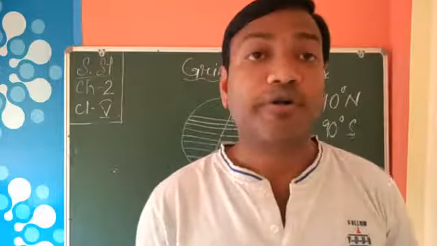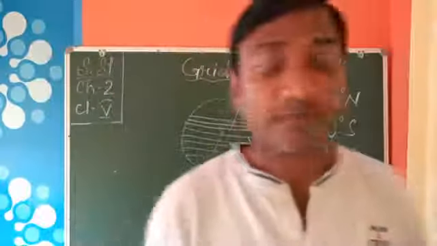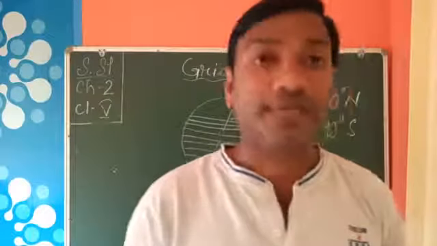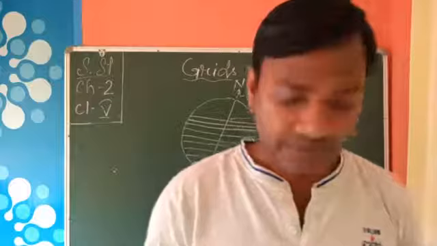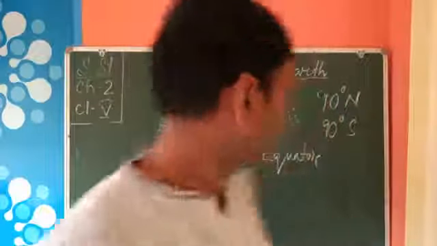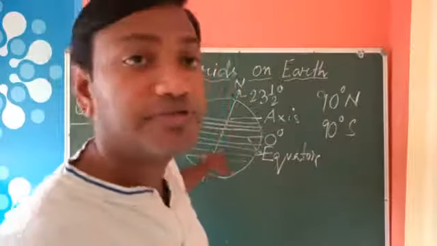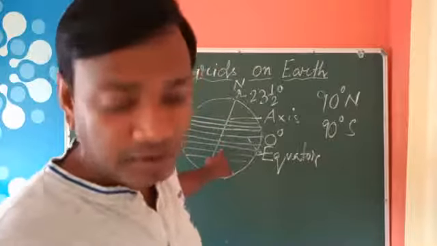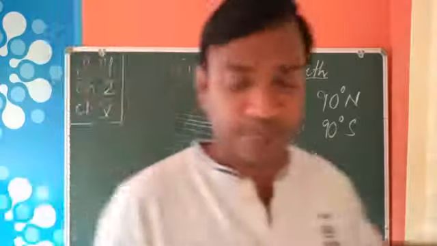The name given is Tropic of Cancer. And if we go 23 and a half degrees in the southern hemisphere, it is called Tropic of Capricorn.